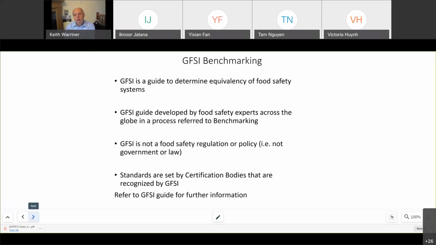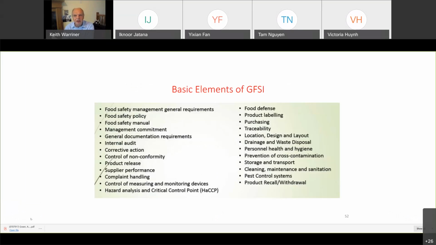If you're really bored one day, you can go to the GFSI website and see all these guidelines and recommendations they have. Essentially, they don't give any standards out. They don't even give any regulations out, but they identify the categories, what should be considered. This can be a food safety manual, internal audit, corrective actions. They say you've got to consider these.